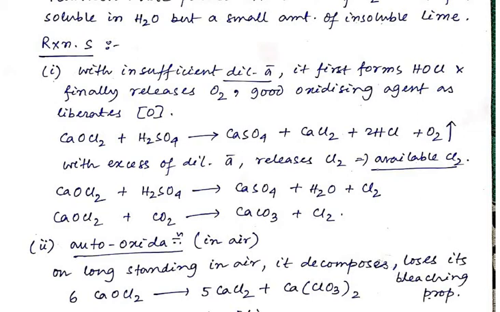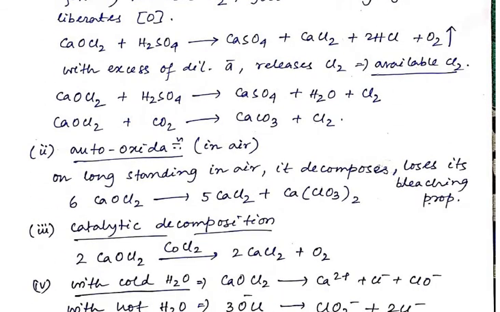The reaction is CaOCl2 with H2SO4 forming CaSO4, water, and Cl2. Again, CaOCl2 reacts with the carbon dioxide in the atmosphere and forms calcium carbonate along with chlorine. That chlorine is known as the available chlorine.